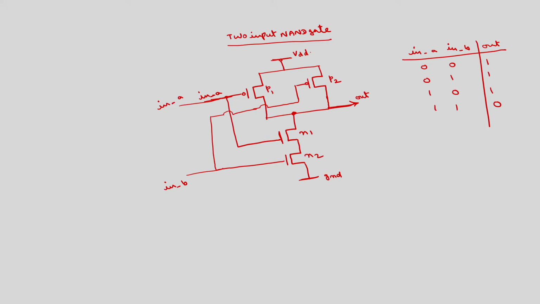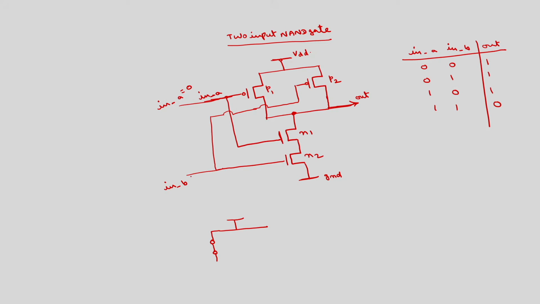Okay. If, for example, in A is at 0, the corresponding PMOS will be on. In the ideal case this will act as a short circuit, because in A is 0.